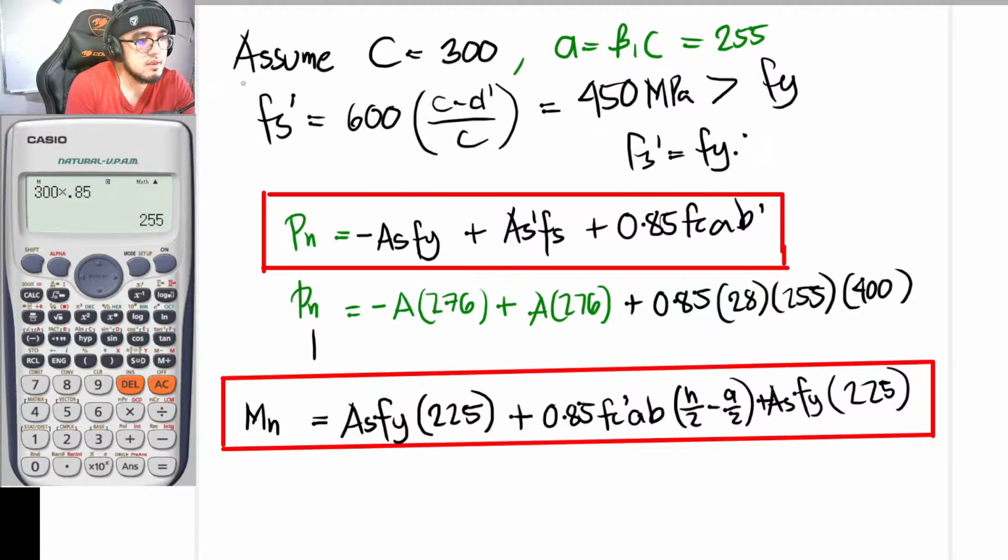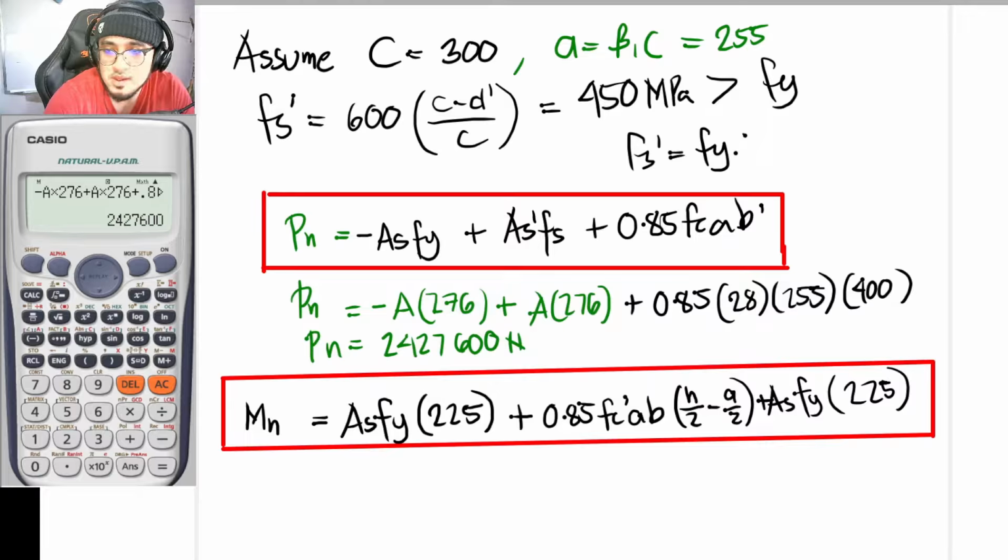So Pn is equal to negative A times 276 plus A times 276 plus 0.85 times 28 times 255 times 400. So our answer here is 2427600, in terms of Newton.